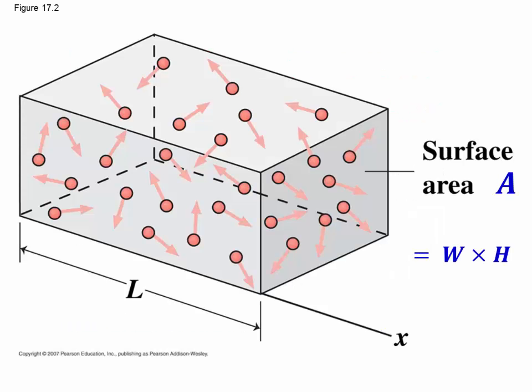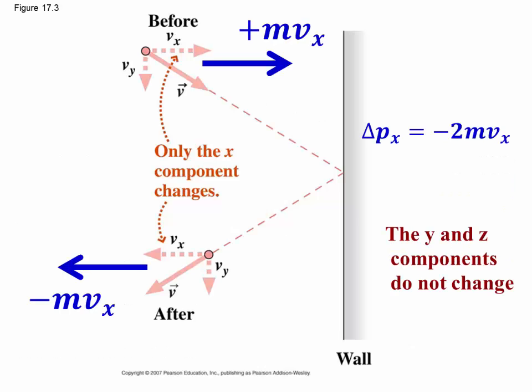So we're going to focus our attention on the wall at x equals L, which has an area W times H. At that wall, a single atom is going to be moving with a velocity with x, y, and z components. We only see two of them here. And when it bounces off the wall, only the x component will change.